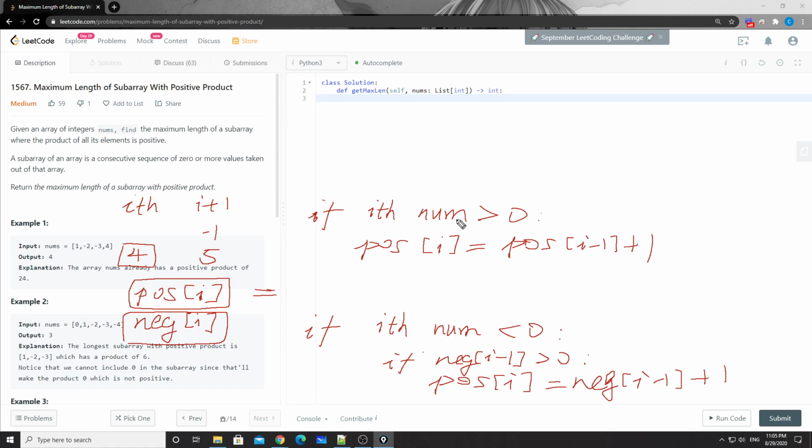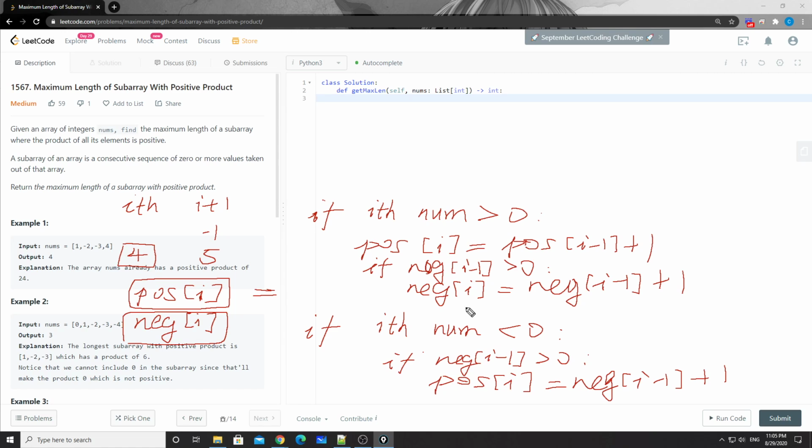Same thing here, because we also need to do a check. Basically, if negative I minus 1 is greater than 0, then we can set negative I equals to negative I minus 1 plus 1.